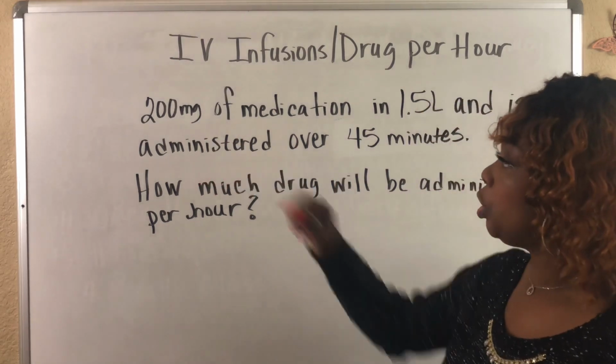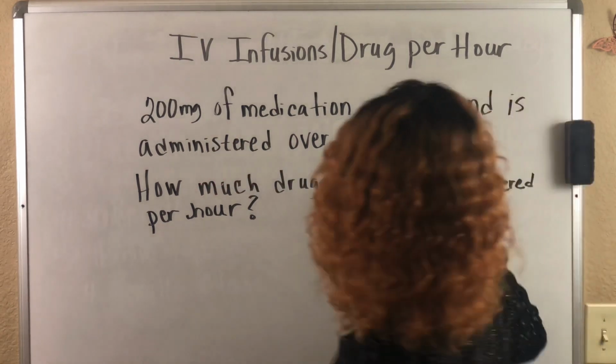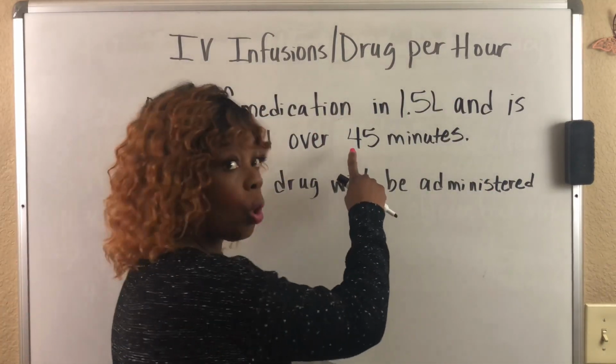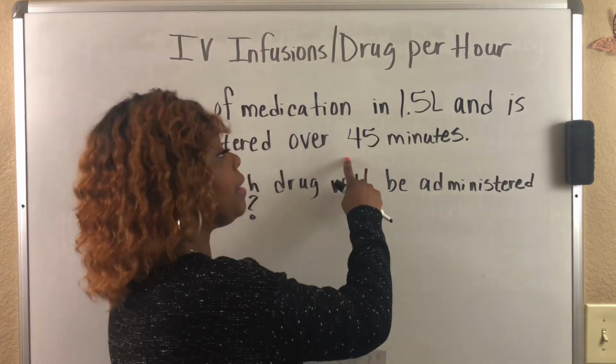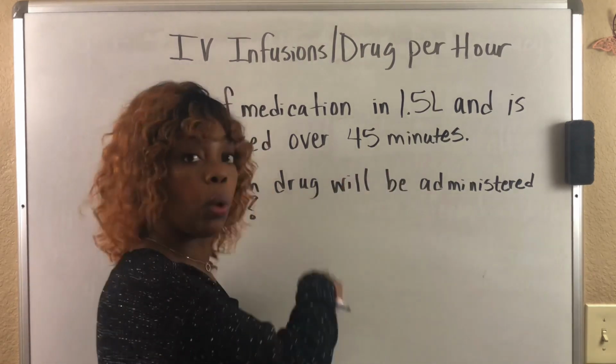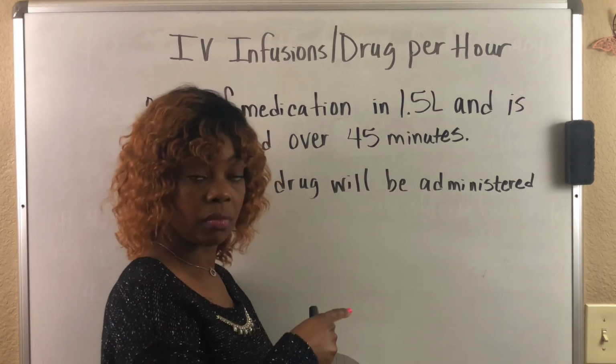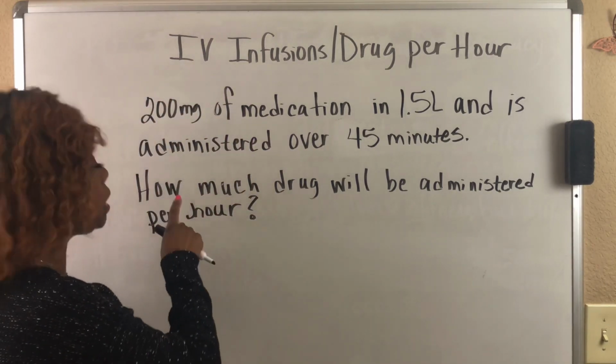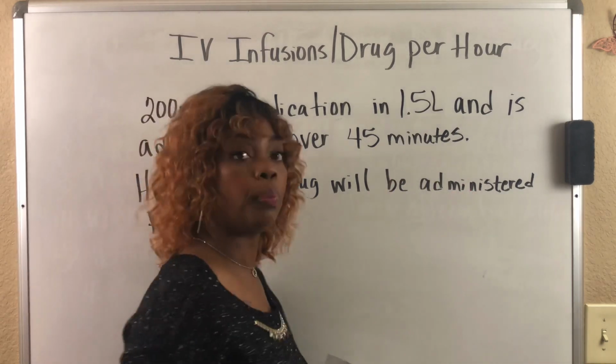Okay, so we have 200 milligrams of medication in 1.5 liters, and it's to be administered now, not per hour, over 45 minutes, but the question remains the same. All right, so the question still is, how much drug will be administered per hour?